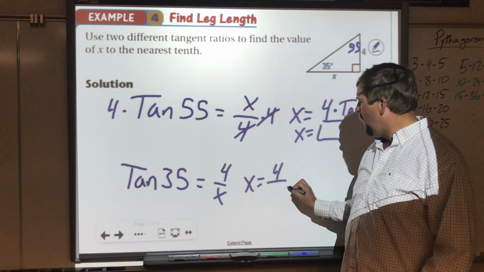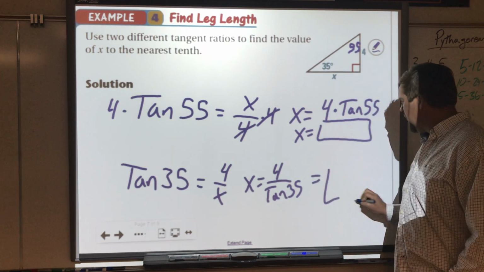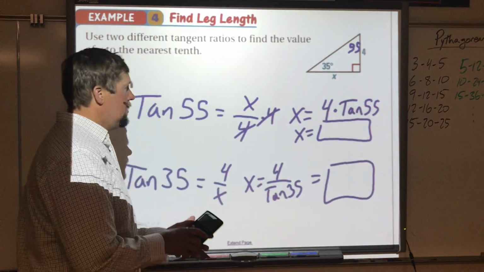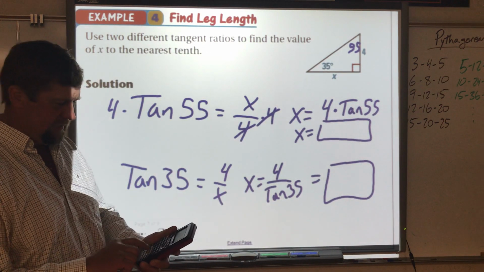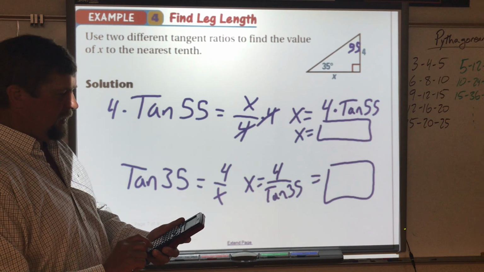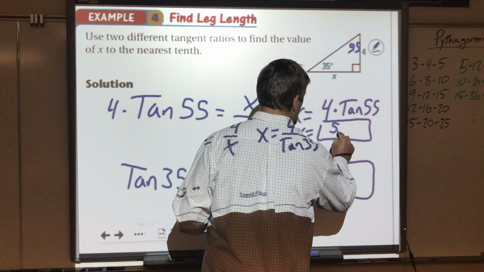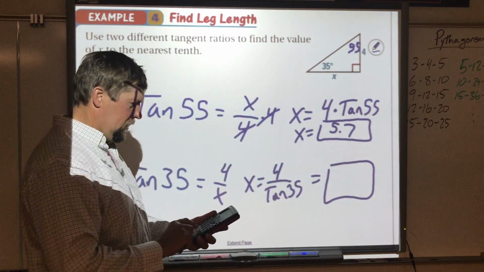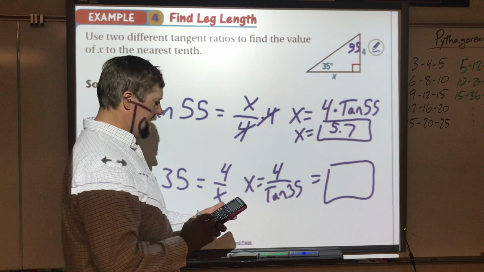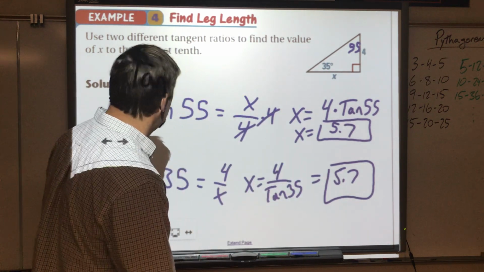So it's actually 4 divided by the tangent of 35, which again I would put into my calculator. So I should get the same answer no matter which way I do this. 4 times the tangent of 55 is 5.7. If I take 4 divided by the tangent of 35, I get also 5.7. So x is the same no matter which way I do that.